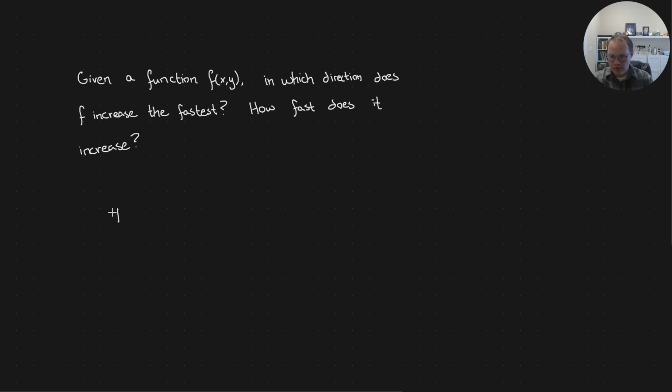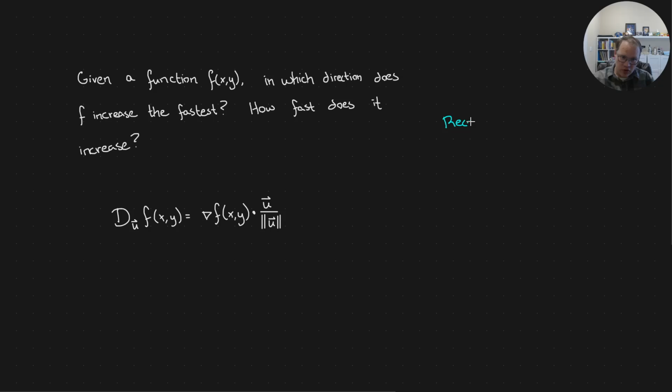So the formula for the directional derivative in the direction of some vector u: we take the gradient of f, and we take the dot product with a unit vector in the direction of vector u. Okay? Now, we're going to use one of our properties of dot products.